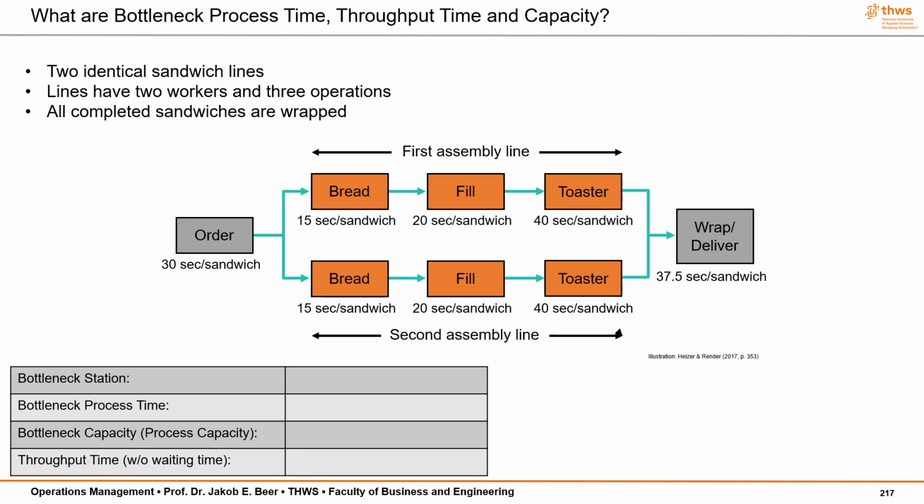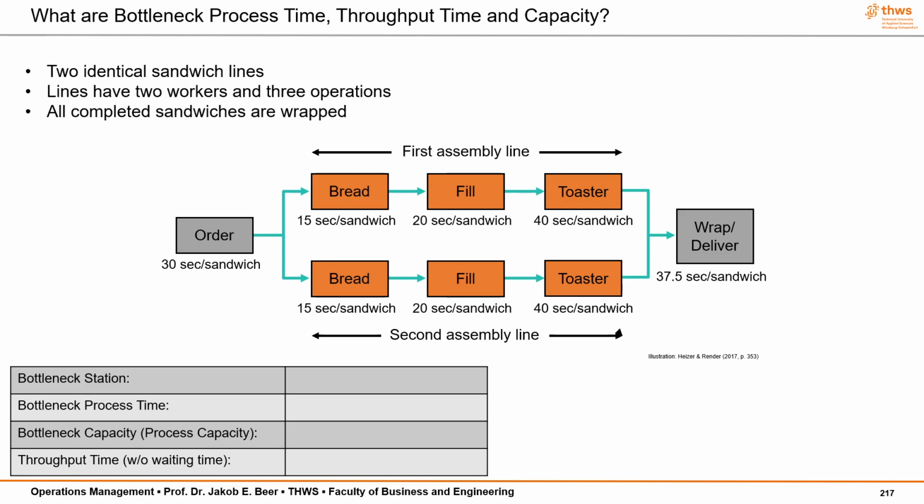Let's have a look at this process, and let's think about the performance this process can achieve. So we've got a sandwich production line. You can think of this as Subway, for instance, Subway or McDonald's or whatever you prefer. This is probably more akin to Subway. And we've got two identical sandwich lines here.